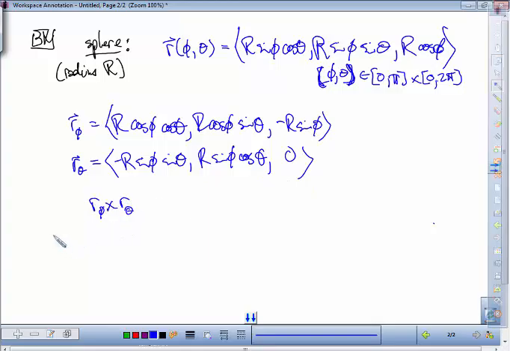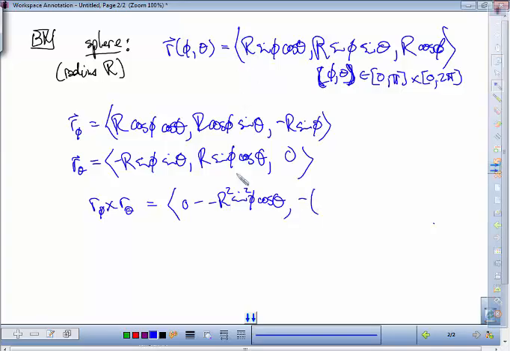So in this particular case, it doesn't matter what we cross first, because we're going to take the absolute value anyways. So we'll do the cross product, and we'll cross out the first row, first column, and then find the middle part over here. If you imagine i, j, k up on top here. In the i direction, it is going to be 0 minus a negative, so I have R squared sine squared phi cosine theta. That's my i direction.